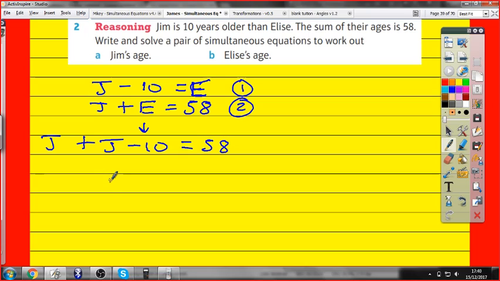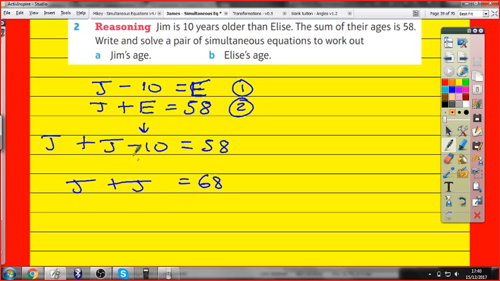So J add J minus 10. So you could literally just 68. Yeah. So J plus J equals 68. Oh no, it's 58, isn't it? Because you need to take away 10.